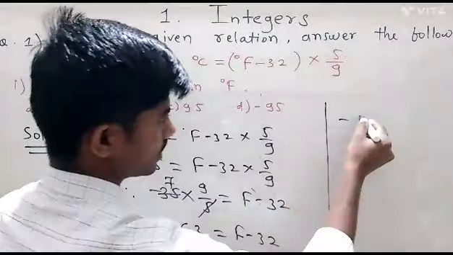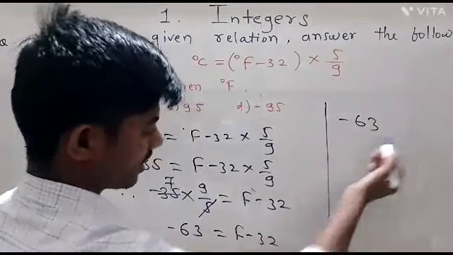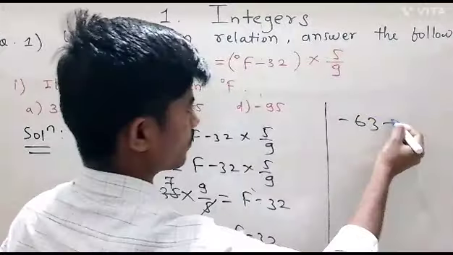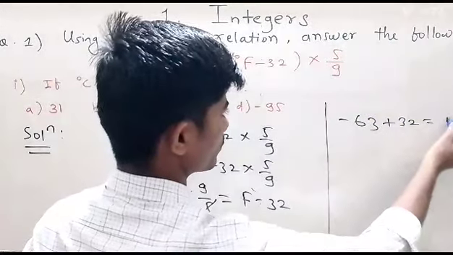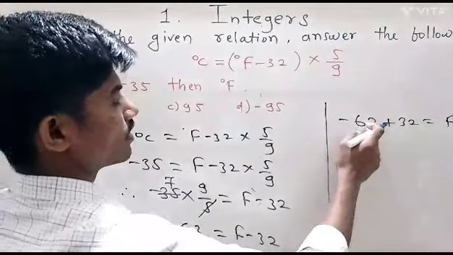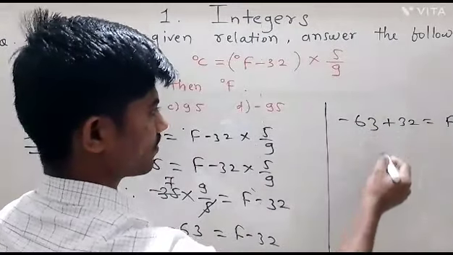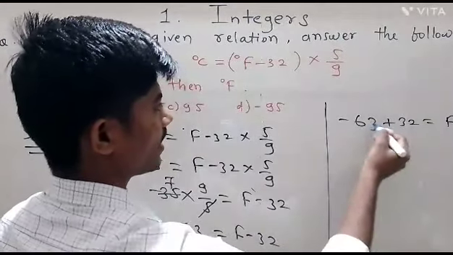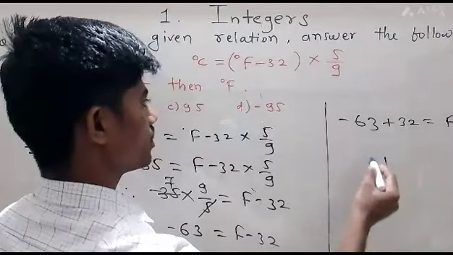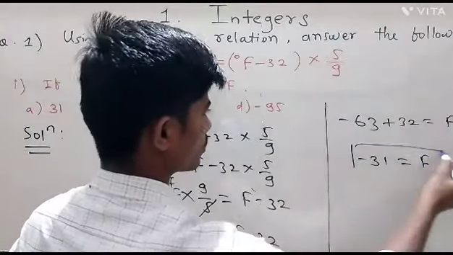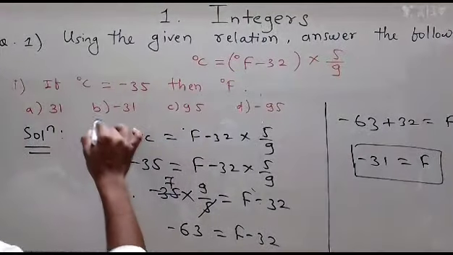After taking minus 32 across the equals sign, it becomes plus 32. So minus 63 plus 32 is minus 31, which is equal to Fahrenheit. So this is our final answer, option B.